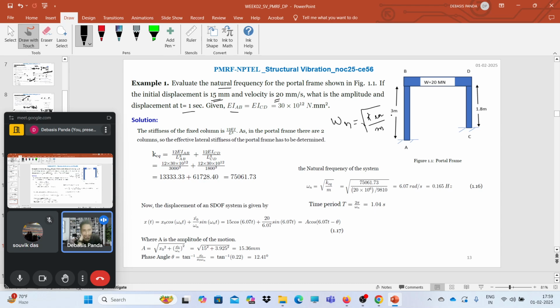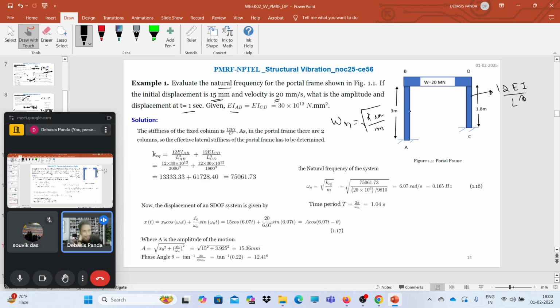So first we need to find k equivalent. For the portal frame, we have two columns, and for a single column, k is 12 EI by L cube.